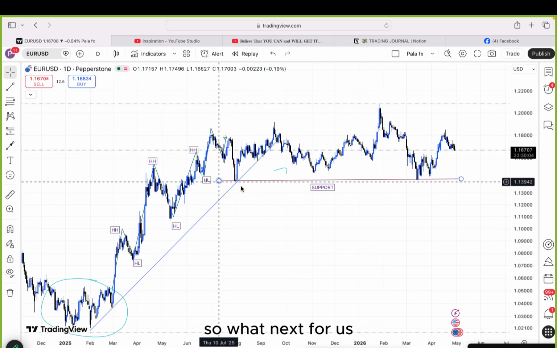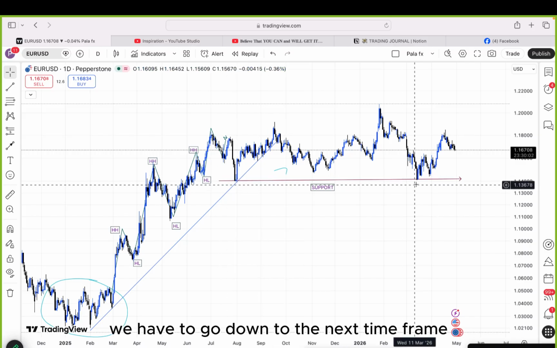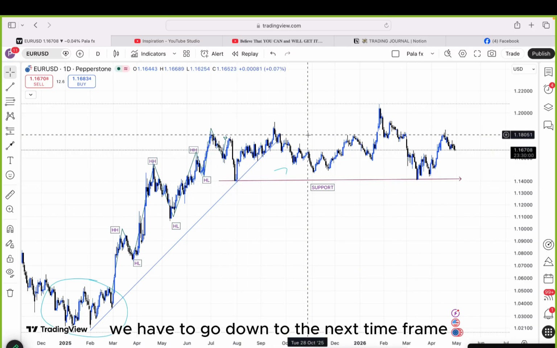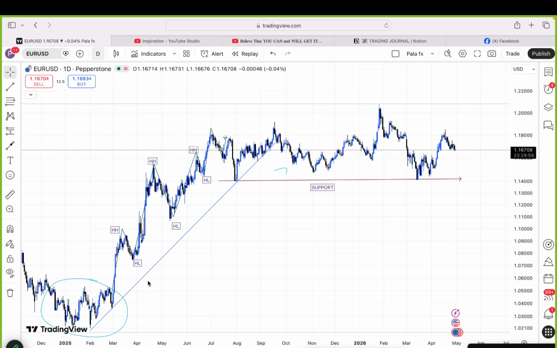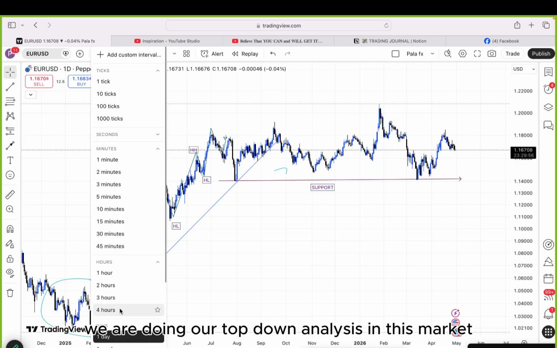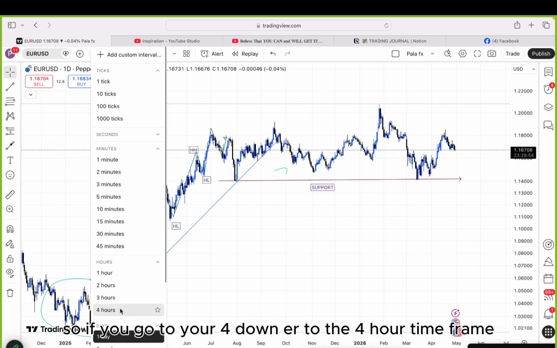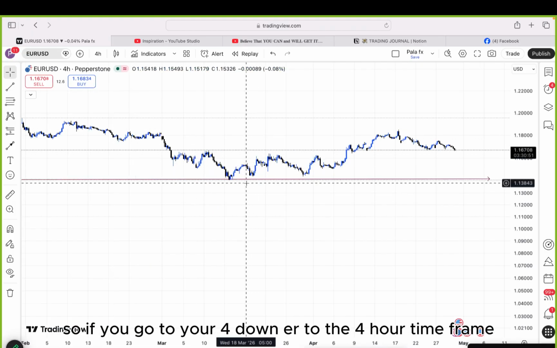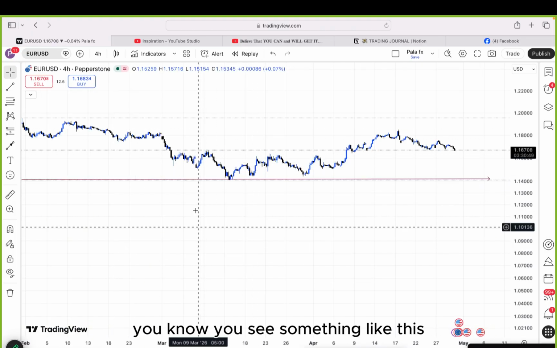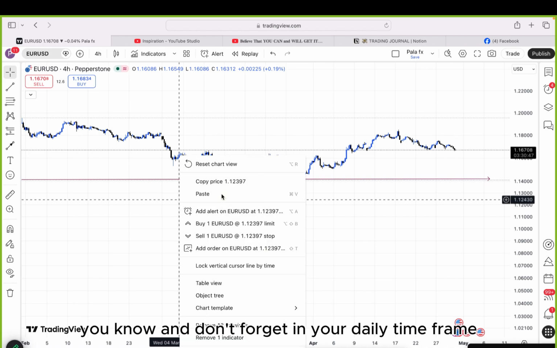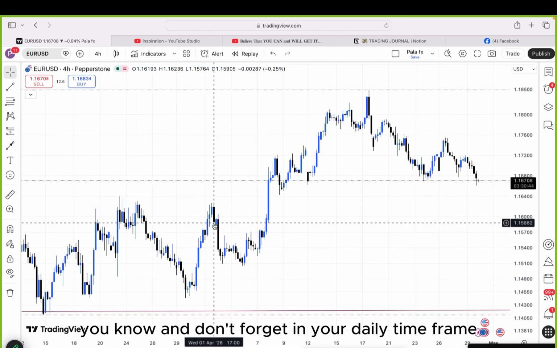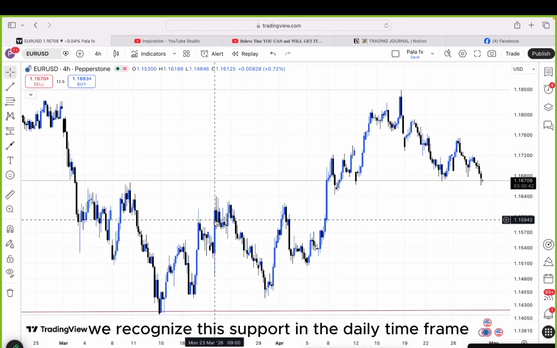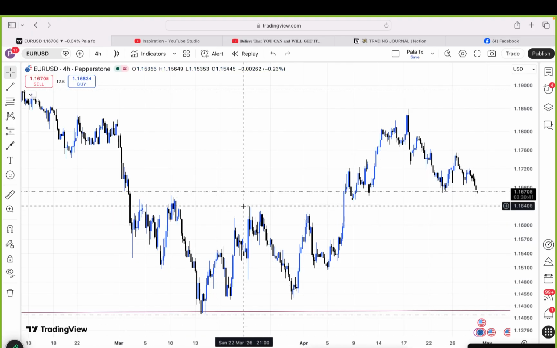So what next for us? We have to go down to the next time frame, which is the 4 hour time frame. Don't forget, we are doing our top-down analysis in this market. If you go to the 4 hour time frame, you see something like this. And don't forget, we recognized this support in the daily time frame.